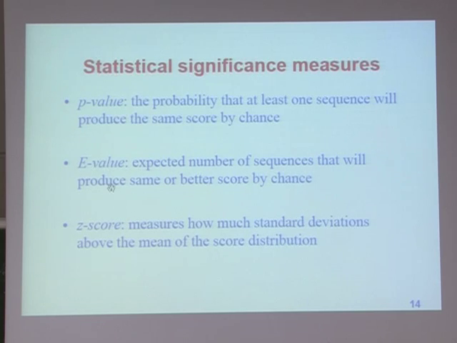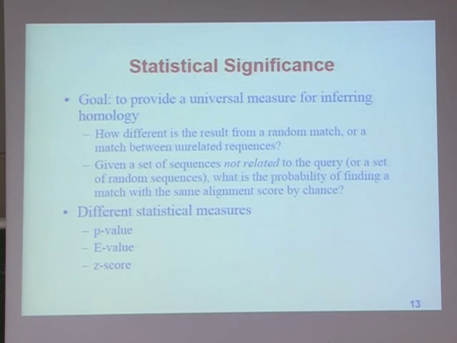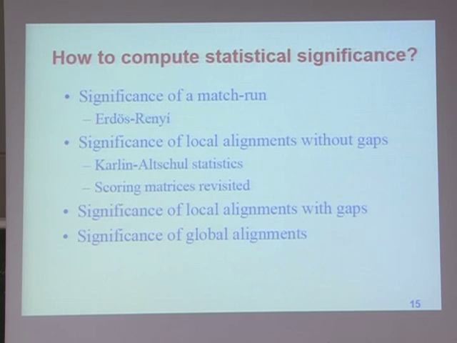And the BLAST algorithm produces this e-value. For both p-value and e-value, the smaller they are, the better, the more significant the alignment is. However, for z-score, the higher the z-score, the more significant the alignment.